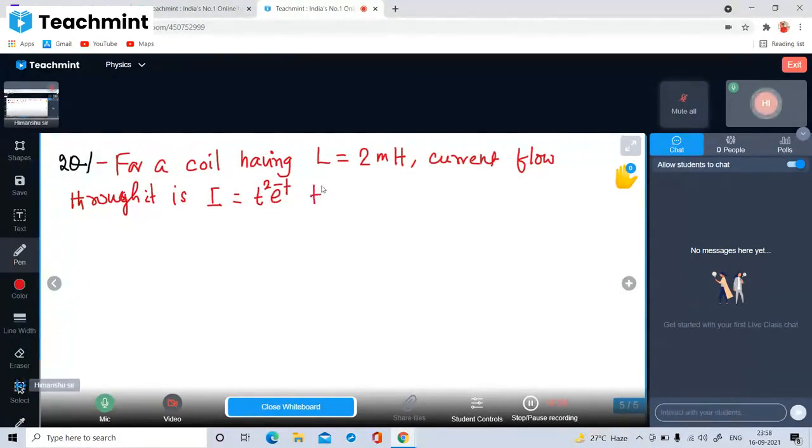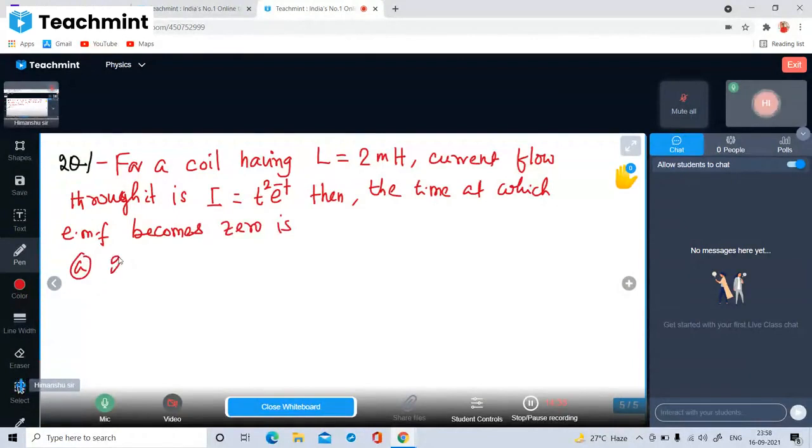Then the time at which EMF becomes 0 is, options are there.